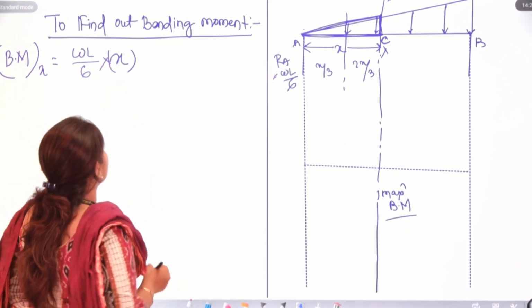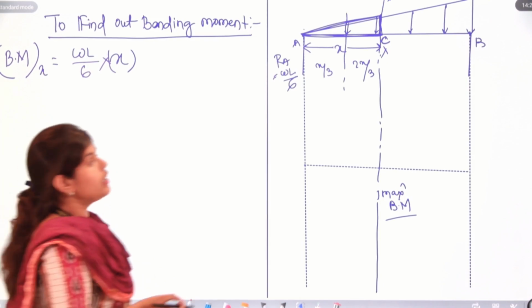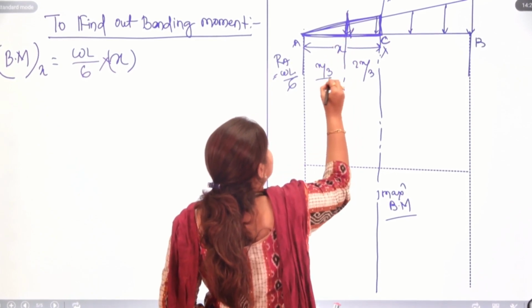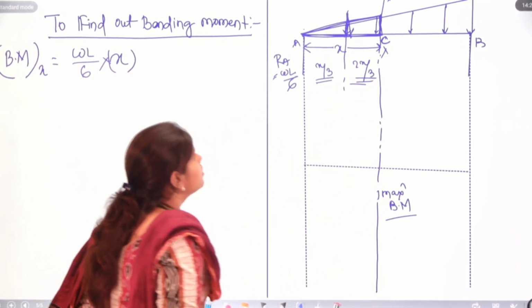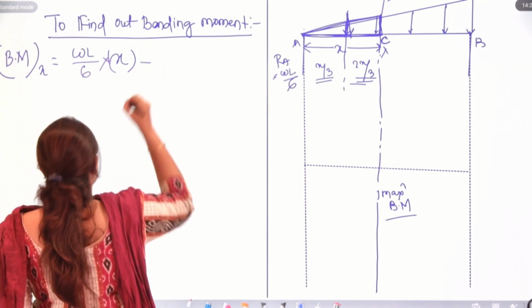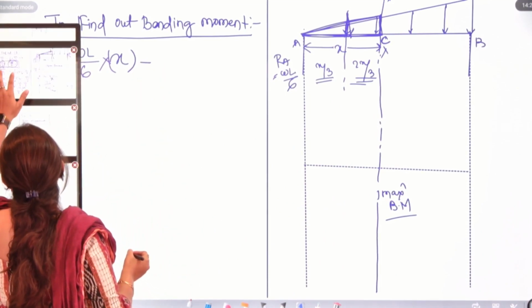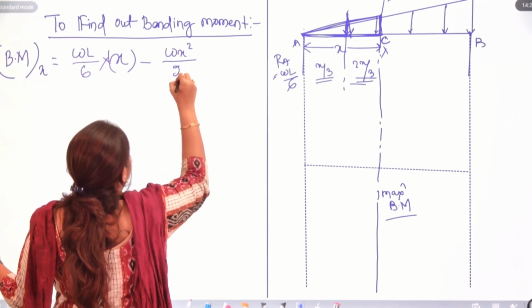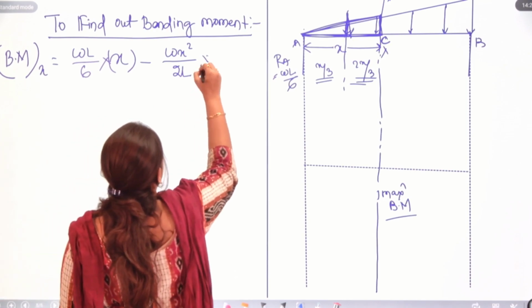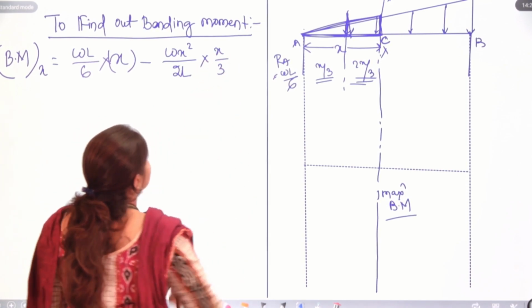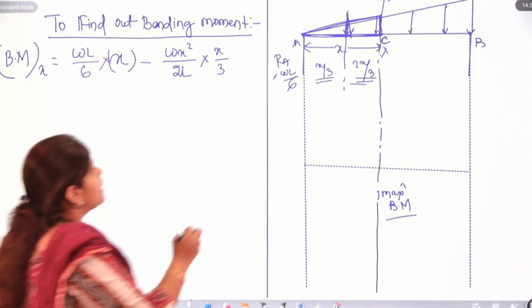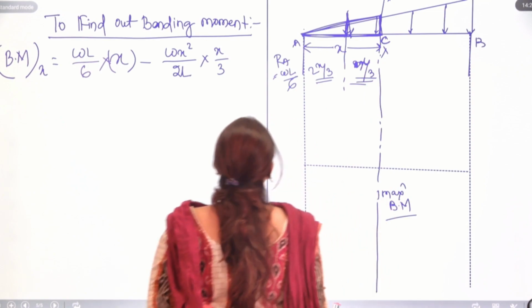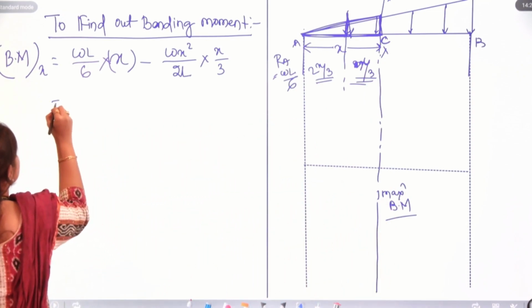So this is WL by 6 into x, minus Wx square by 2L into x by 3.